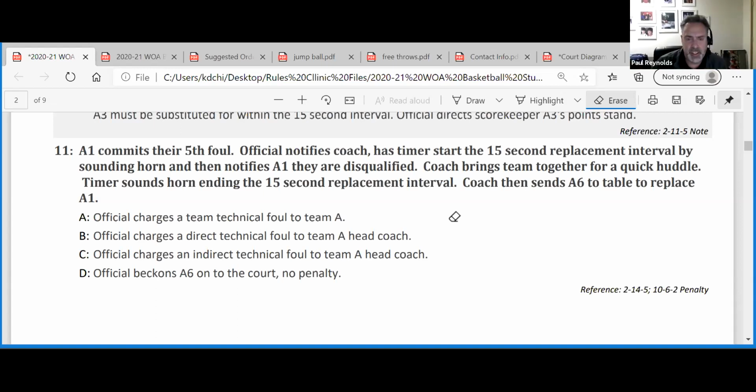I thought it was D. He sends him to the table, so he brings him on, because I don't think he can just directly walk on the floor. He has to go to the table. Okay, there's some logic to that. Does it have to be before the 15-second interval? Yeah, A6 has to go to the table before that 15 seconds was over.